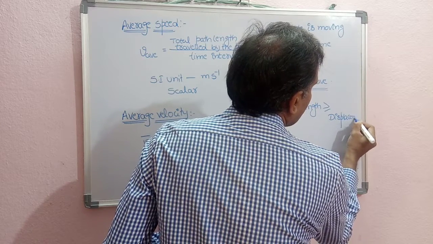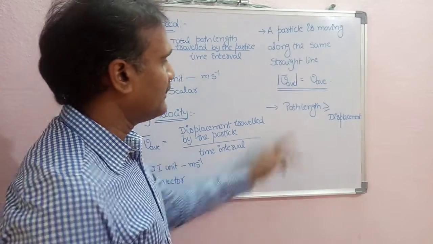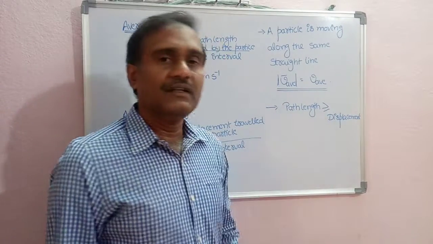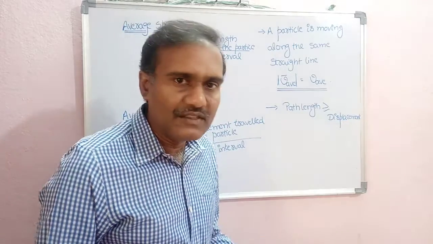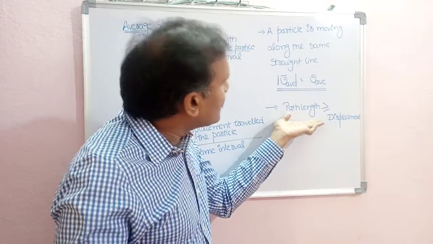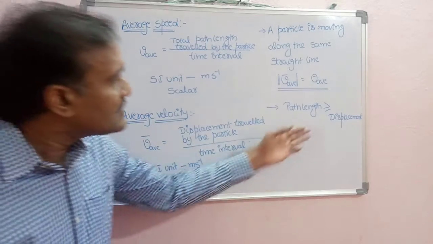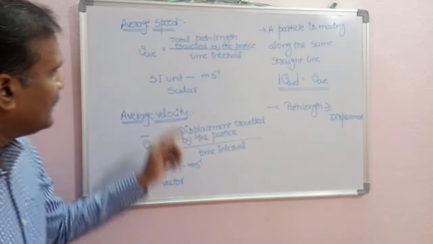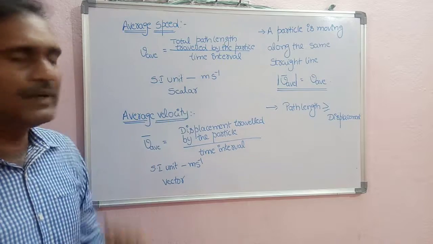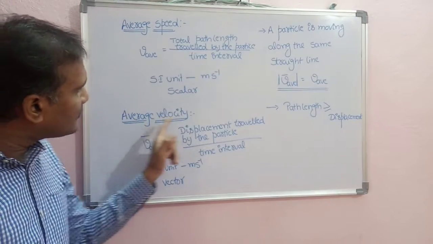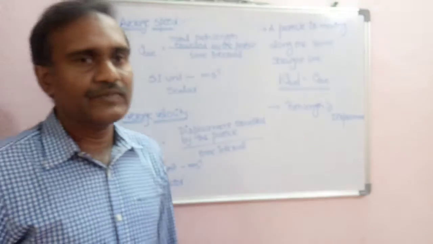In the last class we observed some examples and concluded that path length is greater than or equal to displacement. Similarly, average speed is path length divided by time interval, and velocity is displacement divided by time interval.